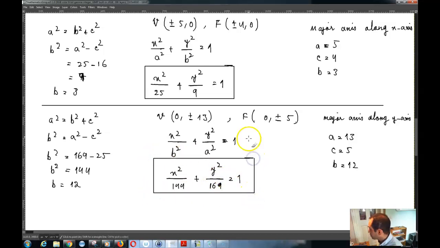And that is, for example, the equation of your ellipse number 11. x squared by 144 plus y squared by 169 is equal to 1. So we already know how to solve this kind of problem. Let's see a different type.